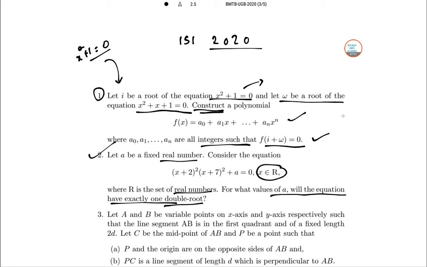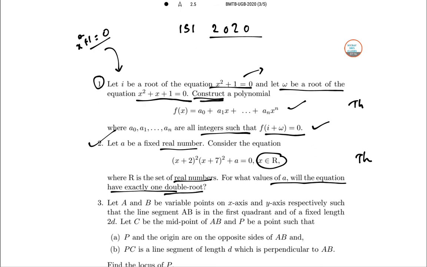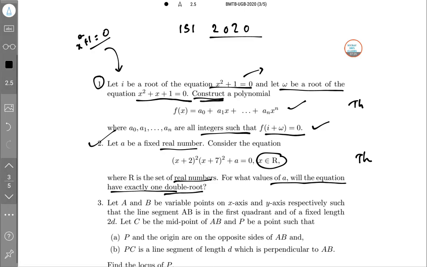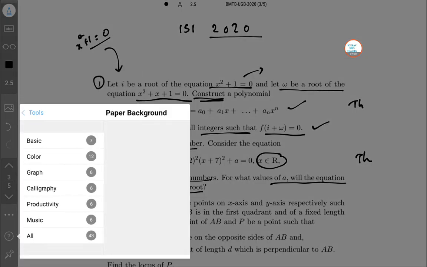Okay, so this is from the theory of equations, quite rare. For this we have to go for a little bit of diagrammatic representation. You can also check my classes on this.